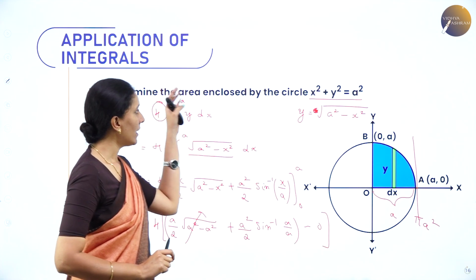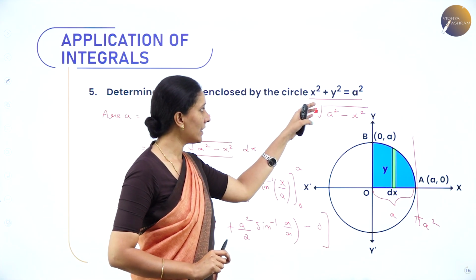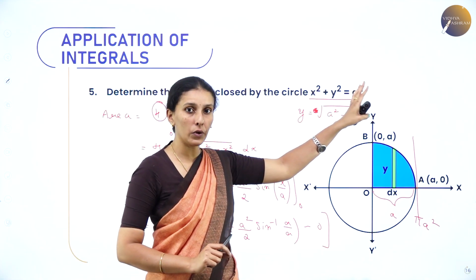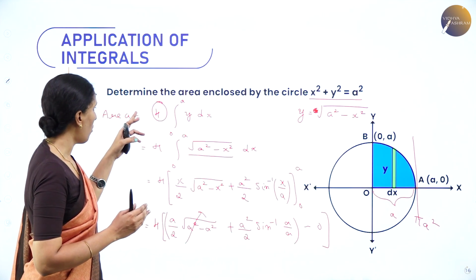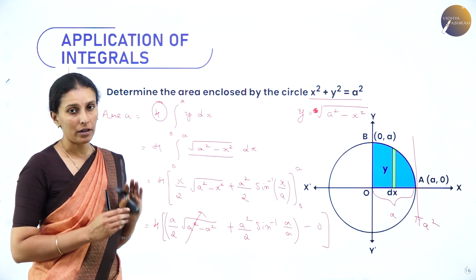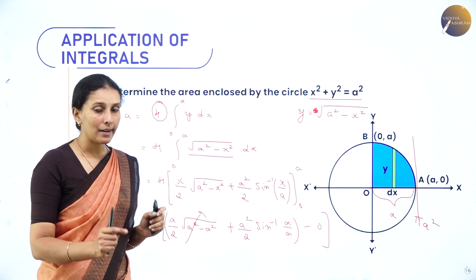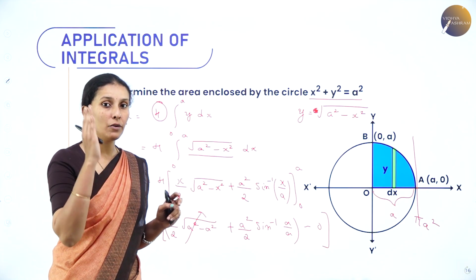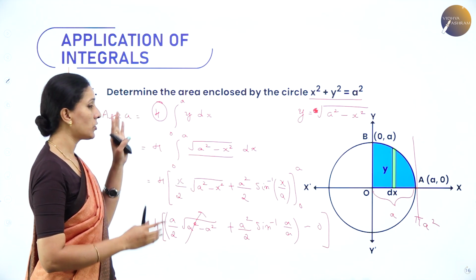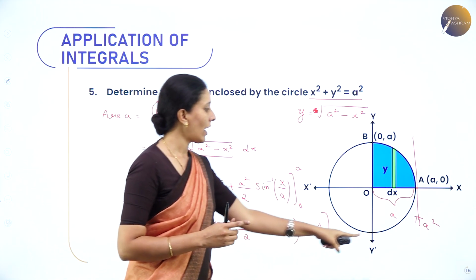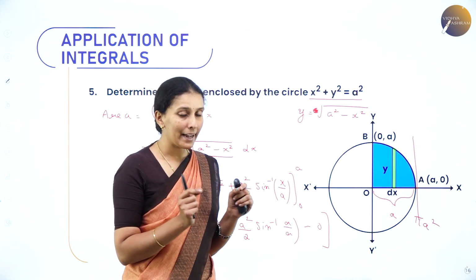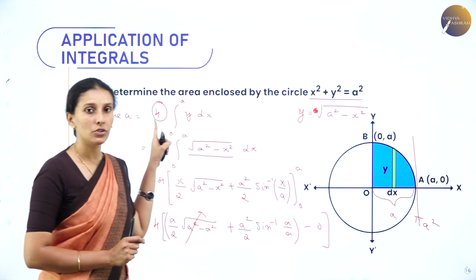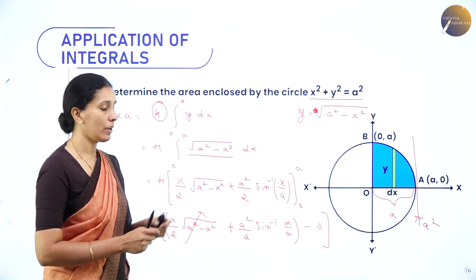So the area enclosed by the circle x square plus y square is equal to a square with limits 0 to a can be written in the form of 4 times the given integral. If they ask you to calculate the area only in one quadrant, then no need to write 4. Whereas when you are calculating the entire area of any circle or entire area of any ellipse, then you need to write 4 times the given integral.